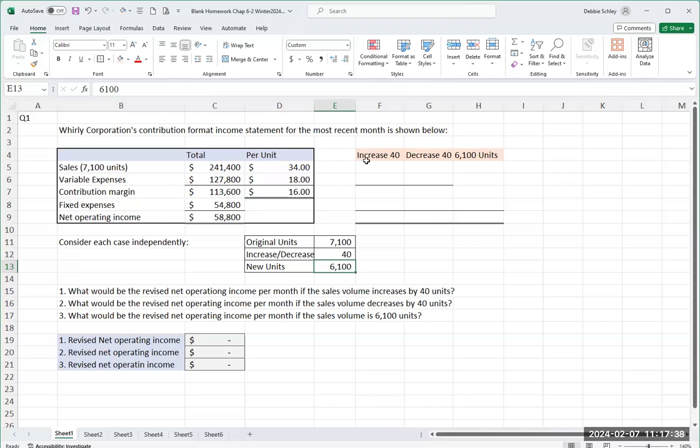So for the new total sales, that's going to be equal to my sales price times, open parentheses, my original units plus 40, right? Because I increased by 40, close parentheses.